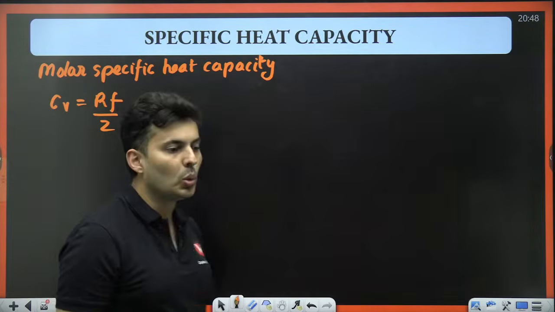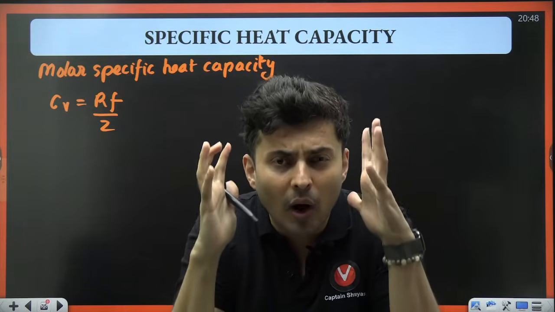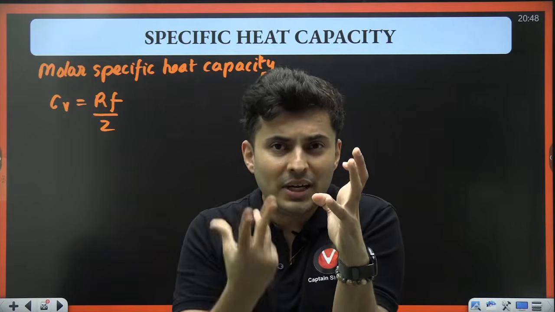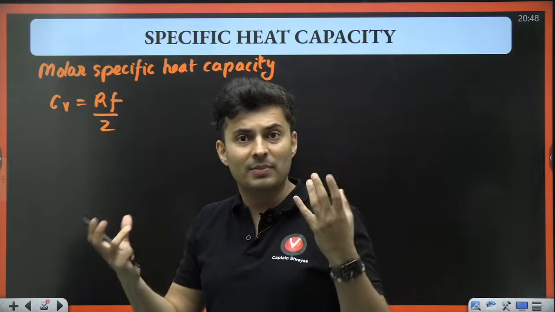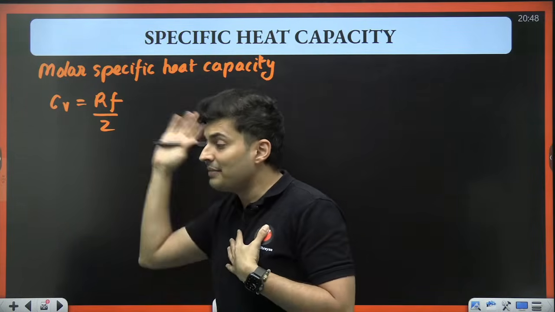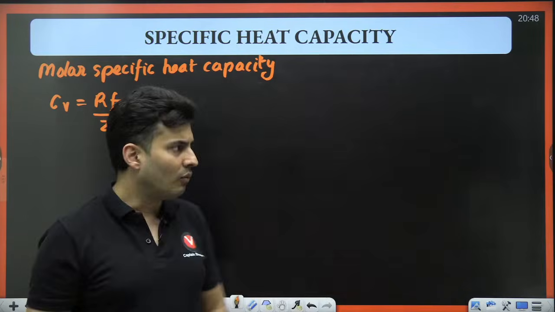This is the specific heat capacity when you heat it while the volume is constant. So when you heat it, what is that heat capacity? Molar specific heat capacity. That is Cv, keeping the volume constant.